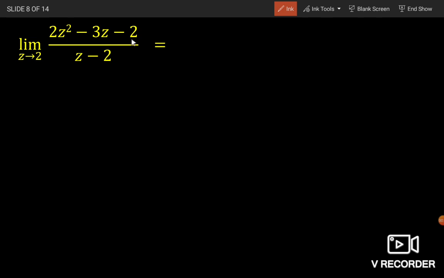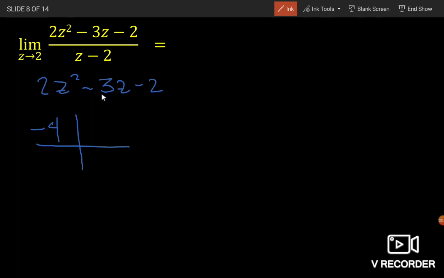Now we can factor this numerator using the technique we have discussed on the previous video. This is 2z squared minus 3z minus 2. Let's try to find the product of the leading coefficient 2 multiplied by the constant negative 2, that will be negative 4.